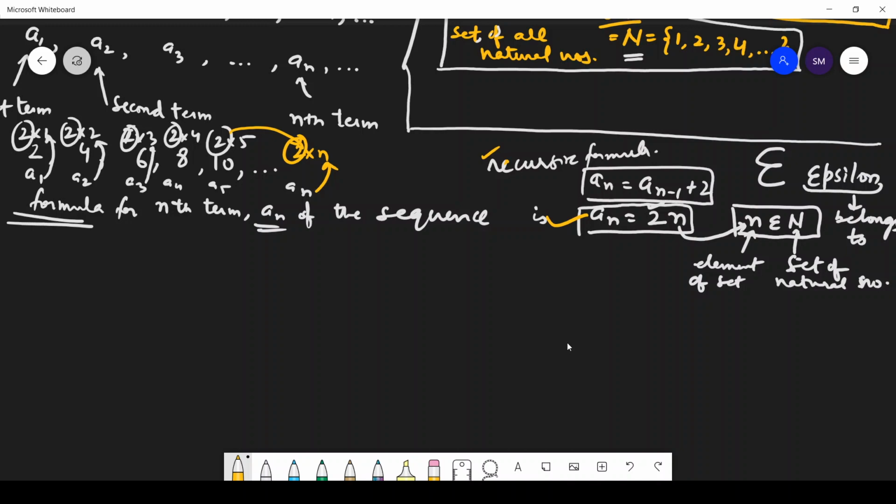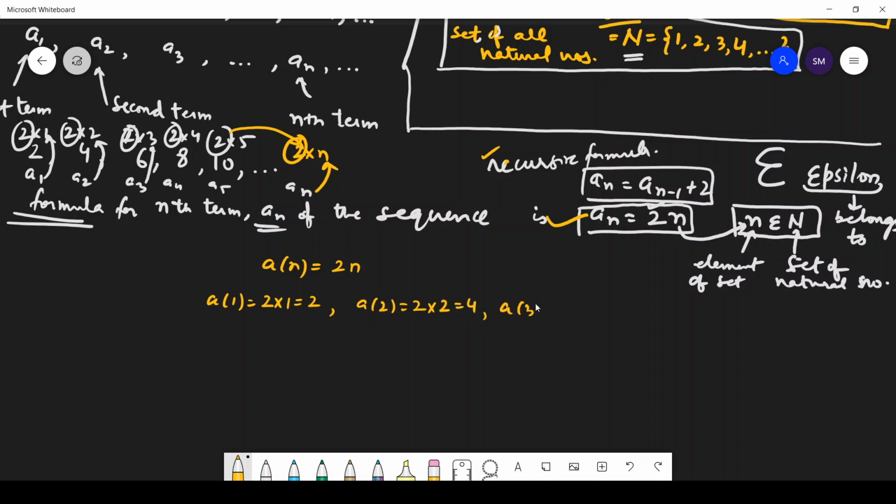Now we have another way to write this, and we can write this as a function: an equals 2n. You can see that a1 equals 2 into 1, that equals 2, and a2: put n equals 2, so you get 2 into 2, that is 4.